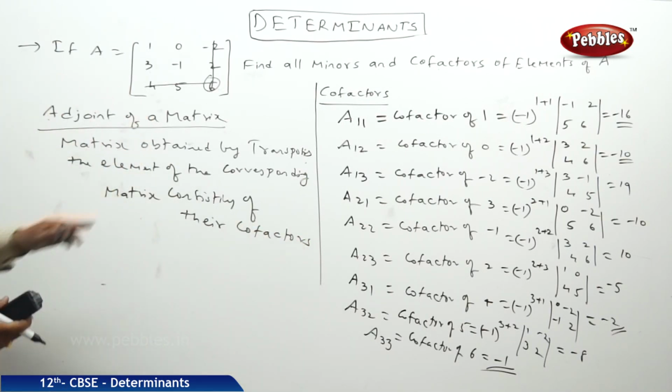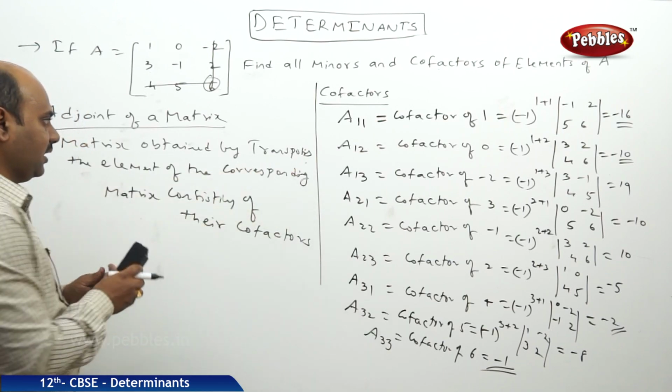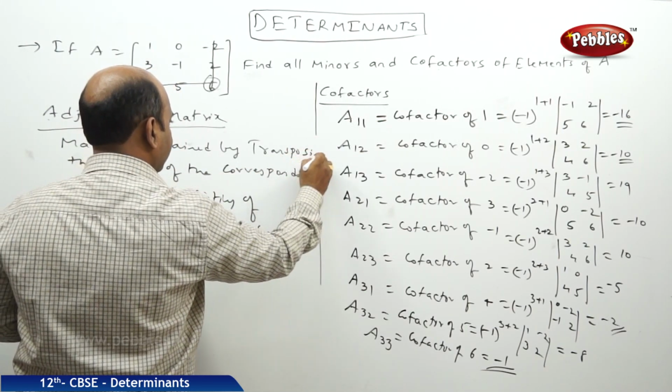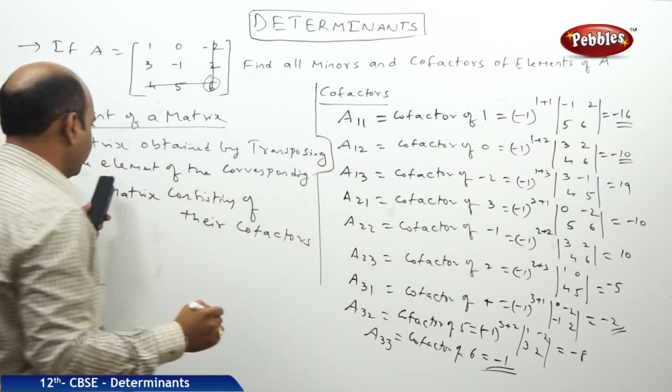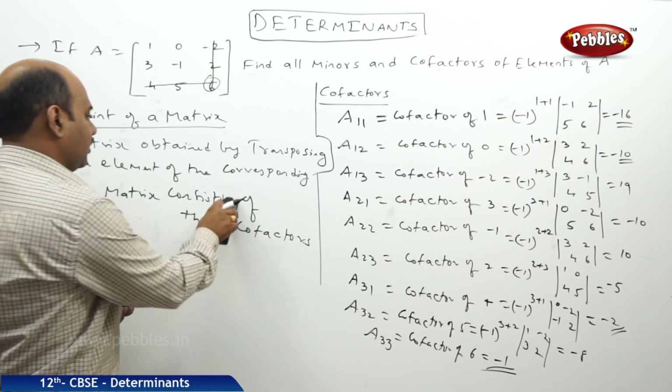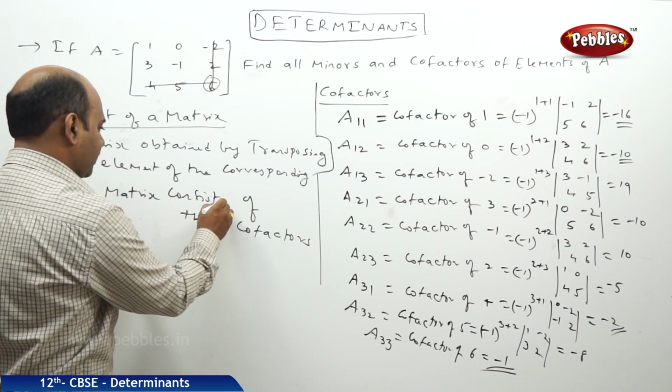Observe carefully. Matrix obtained by transposing the elements of the corresponding matrix consisting of their cofactors.